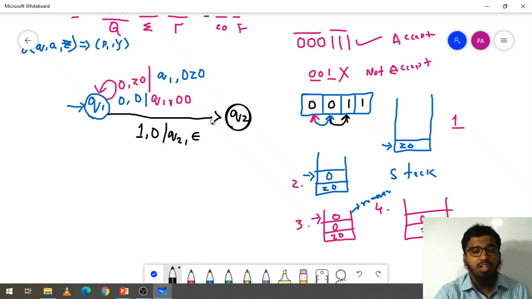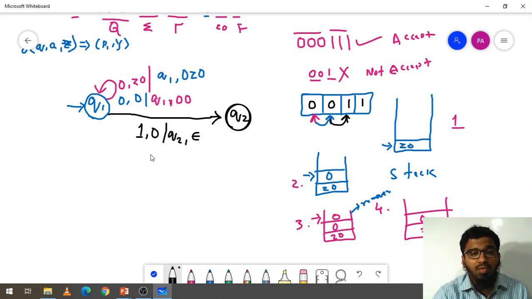So this is what happens when we have the 1. Once again, where is my pointer? My pointer is here on the 1. So Q1 on 1, comma, and what is at the top of the stack is 0.